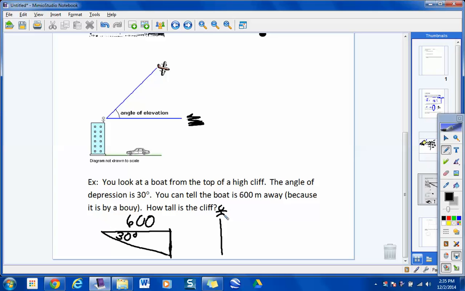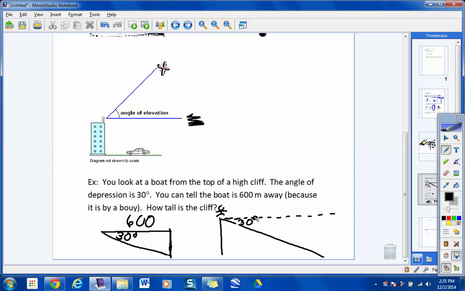You guys agree there? It says we have an angle of depression of how many degrees? So we're going to assume that here's a horizontal line going across right here, right? So my angle of depression would be 30 degrees related to a horizontal, wouldn't it? So it's going to look like this. This would be 30 degrees right here, right?